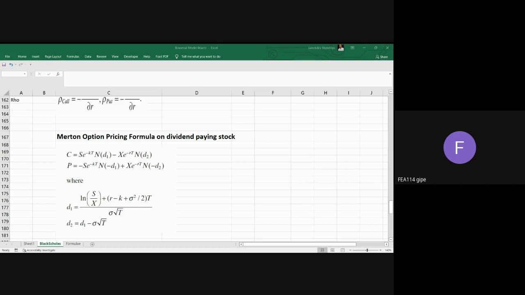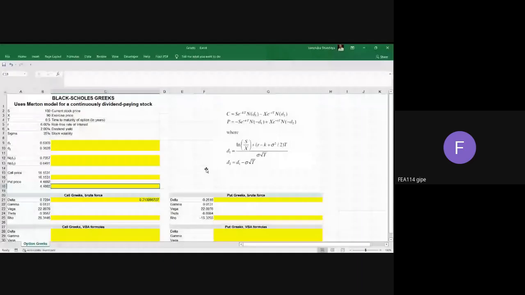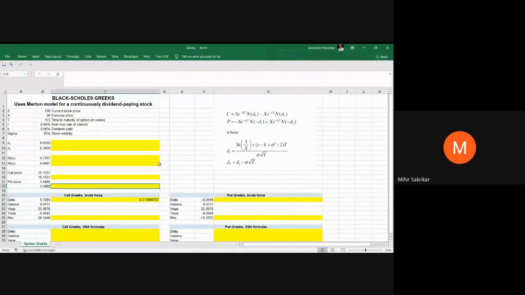Can you see my screen? Main, can you see my screen where Greeks are visible? It's loading, sir. Now it's visible.